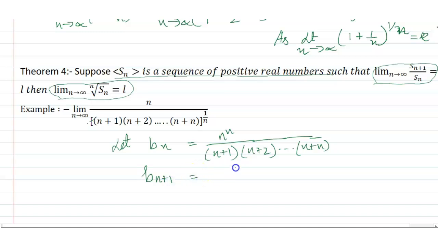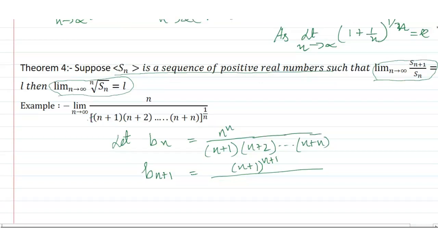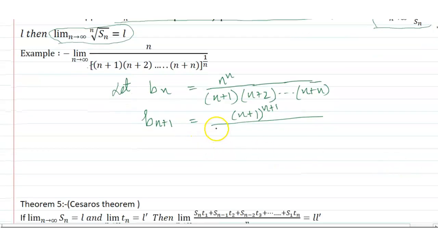Bn plus 1 is equal to n plus 1 whole to the power n plus 1 divided by n plus 1, n plus 2, dot dot dot 2n into 2n plus 1.